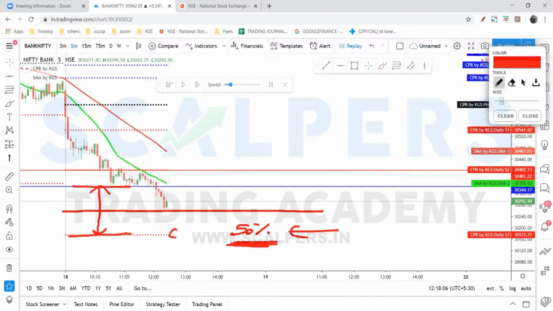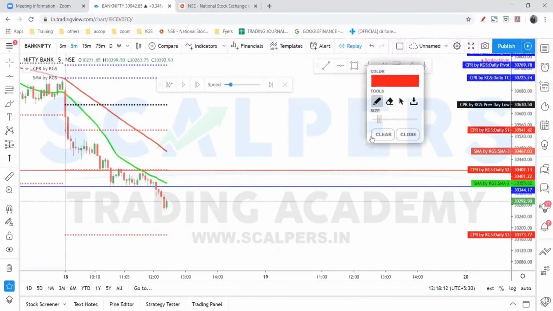After that only the complete target will be done. So if I am shorting in this red candle, this 50 percentage will be my target.